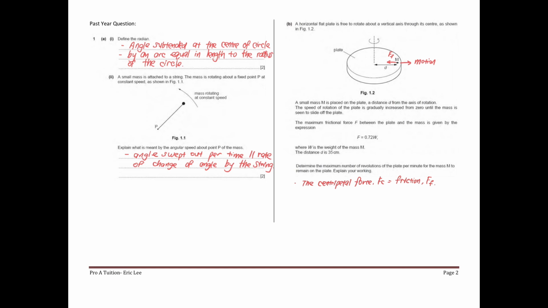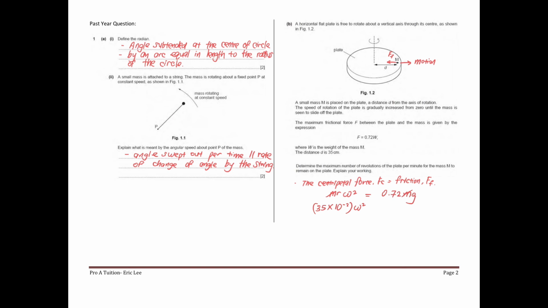We know that centripetal force is m r omega squared. And we know that the frictional force, as given here, is 0.72 W, where W is the weight. So I will change it to 0.72 mg, W equal to mg. And I cut the m on both sides then. So I know that the radius is 35 cm. In SI units, it is 35 times 10 to the power of -2.